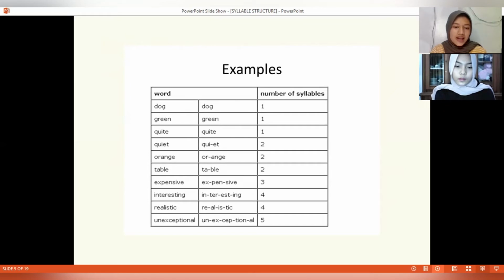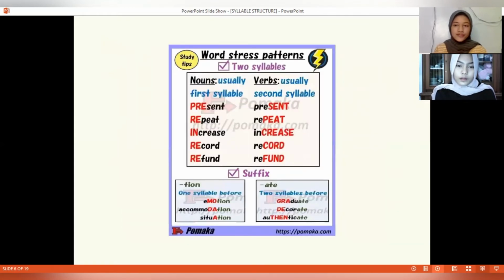And exceptional is ex, cep, tion, and al, four syllables. So there are word stress patterns with two syllables, and nouns usually have stress on the first syllable, like present.